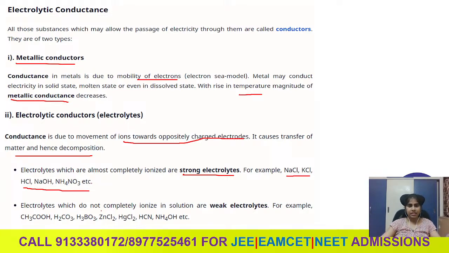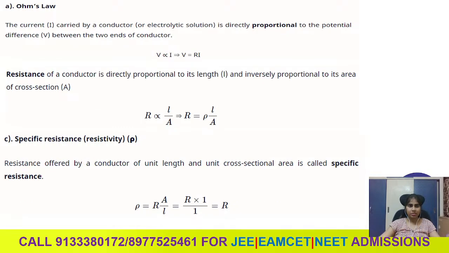Next, electrolytes which do not ionize completely in a solution are known as weak electrolytes. Examples are CH3COOH, H2CO3, H3BO3, ZnCl2, HgCl2, HCN and NH4OH. So these are about strong electrolytes and weak electrolytes.